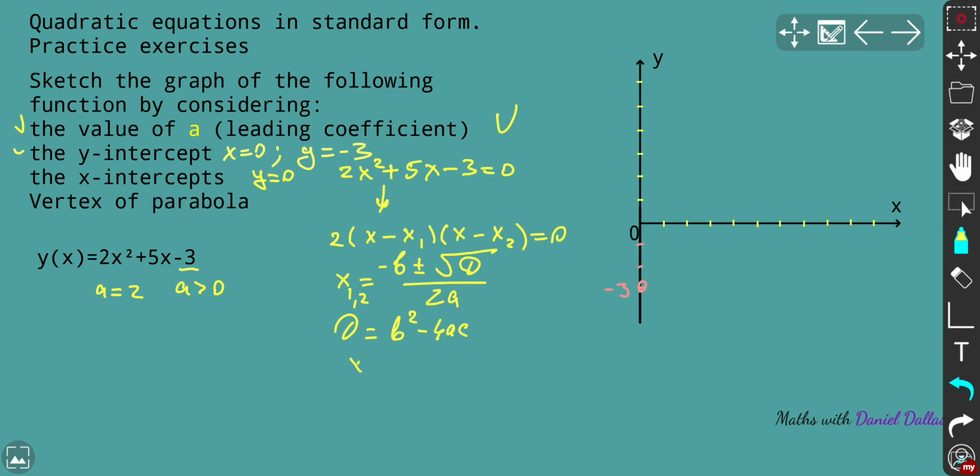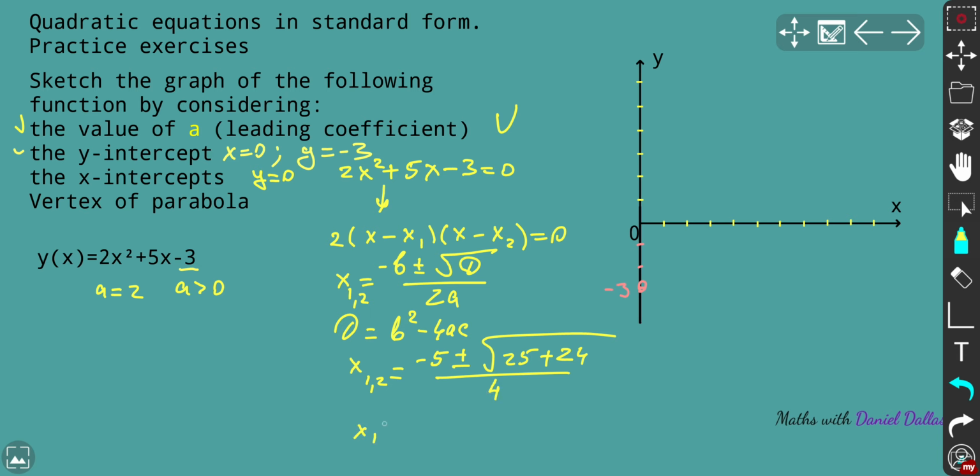It's minus b, so b is 5, so minus 5 plus minus the square root of 25. Calculate the discriminant. So 25 minus 4ac, so that's why it's positive 12, and times 2 it's 24. So over 2a, over 4.